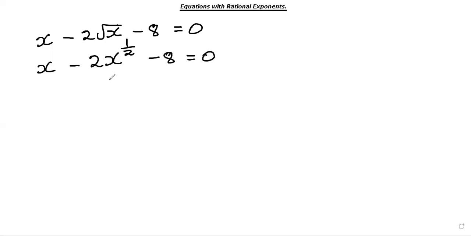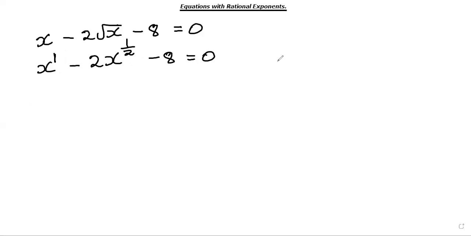Then from this point, we see it's a trinomial, and we see that we have a rational exponent, right? And the last term is a constant. So we are trying to generate a quadratic equation. Now the exponent of x is 1, we understand. Then we say, what is the relationship between 1 and half?